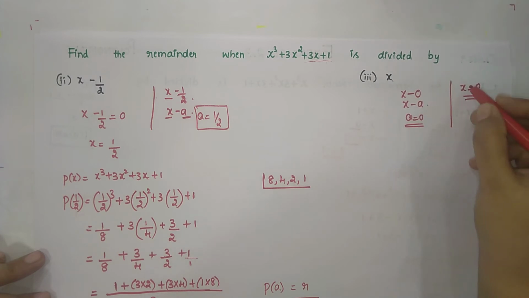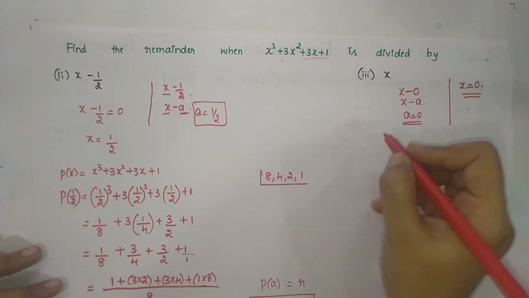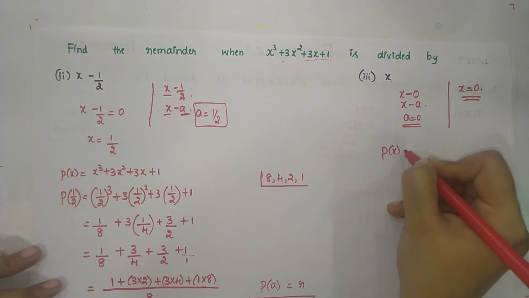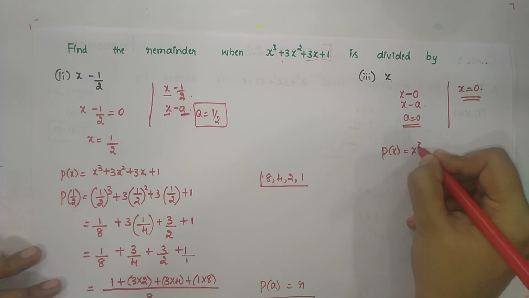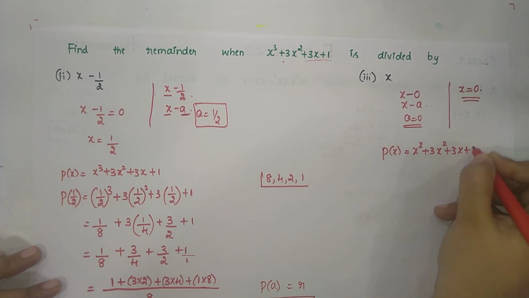So this is the value of x, and this value of x we have to substitute in the given polynomial, that is dividend. So the given polynomial p of x is x cube plus 3x square plus 3x plus 1.